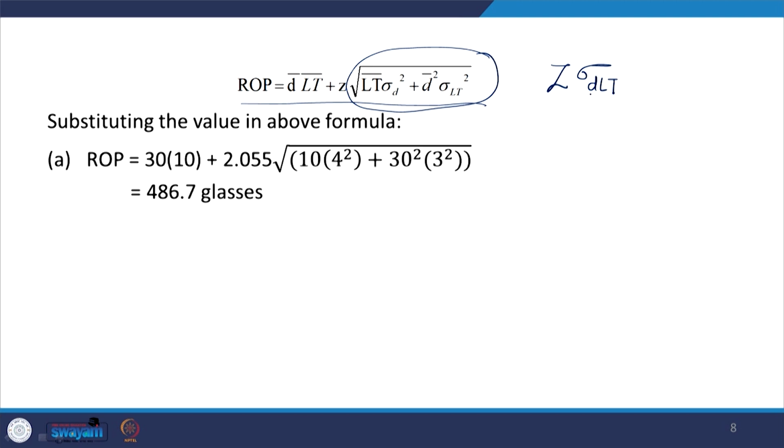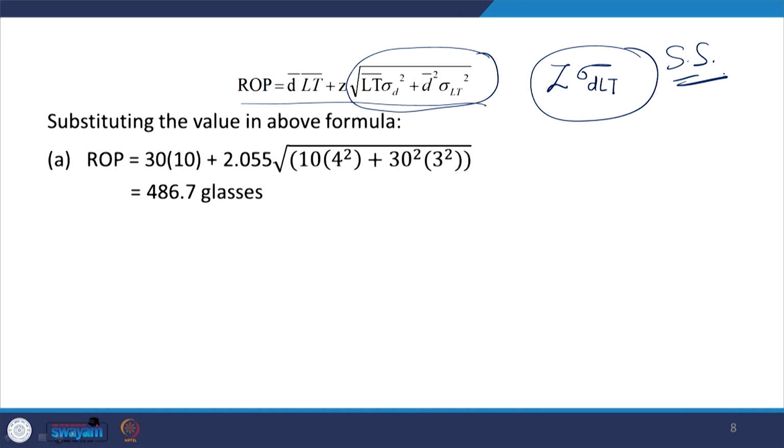This is the sigma of demand during lead time, and here both demand and LT are fluctuating. So, you need to take the variance of both these things, and then this particular calculation gives you safety stock. So, this was the fourth formula, if you remember we discussed in our previous session.